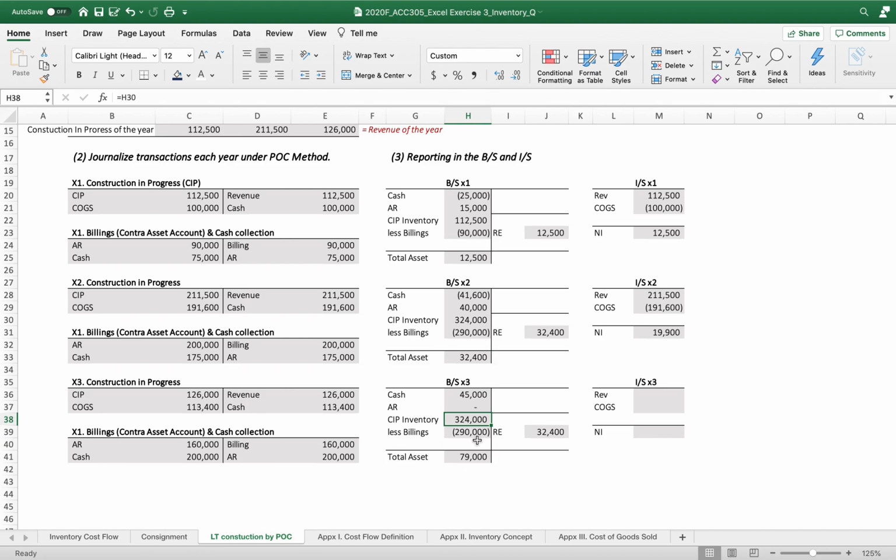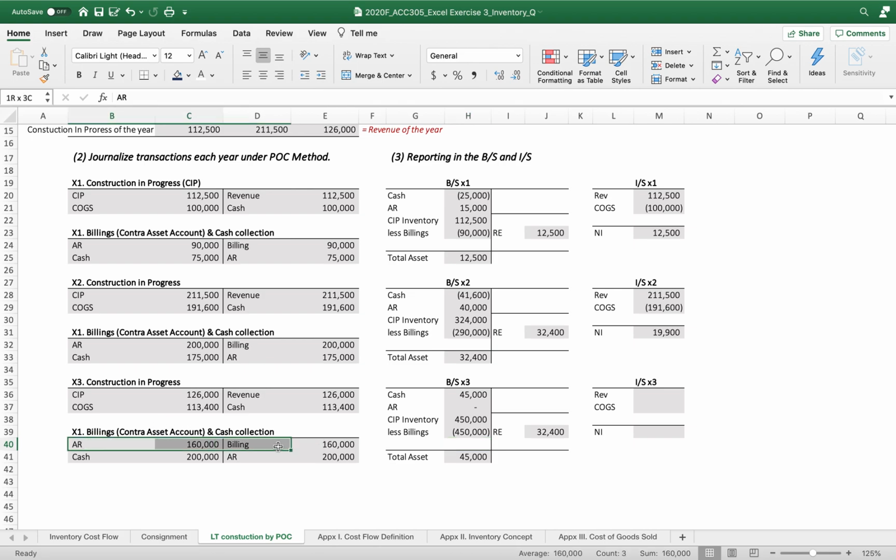And the CIP, now let's start from this point, plus 126. So do you see exactly the same value as the contract, and less billings, the final billing, minus 106, that is the final billing. So it should be exactly the same as AR.